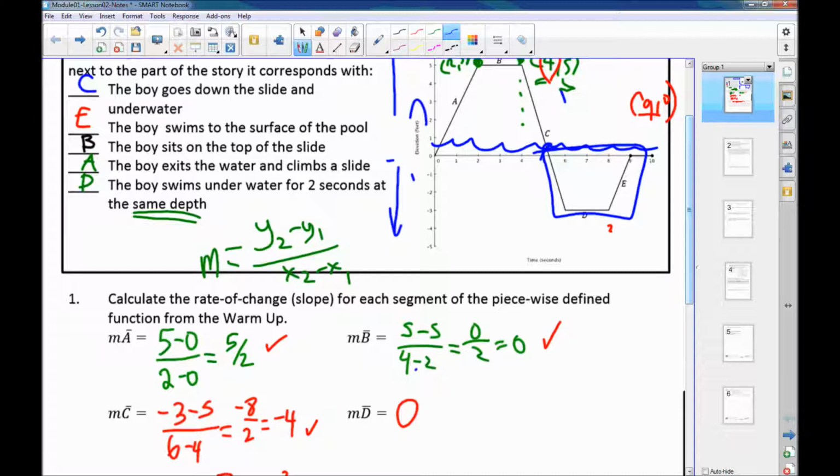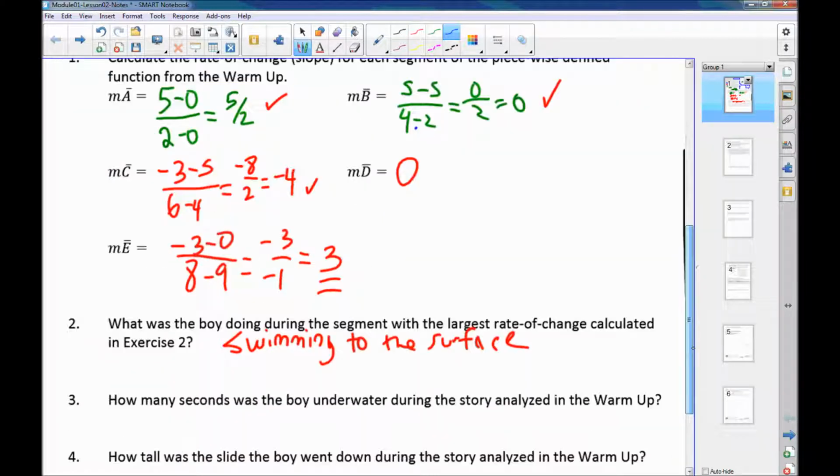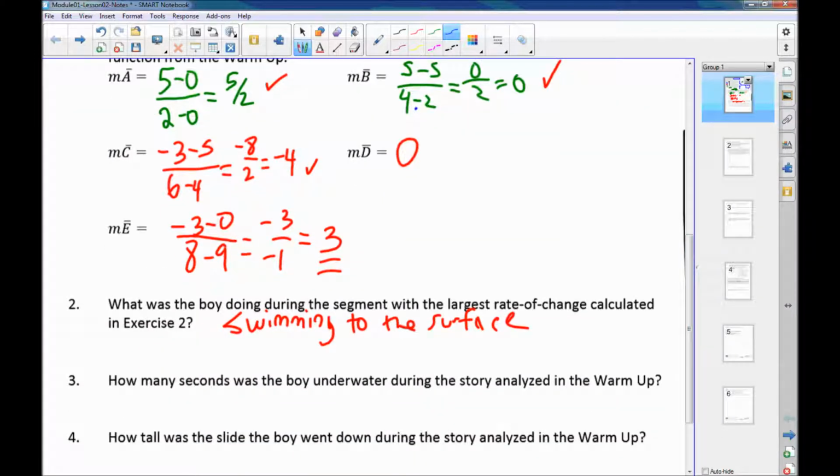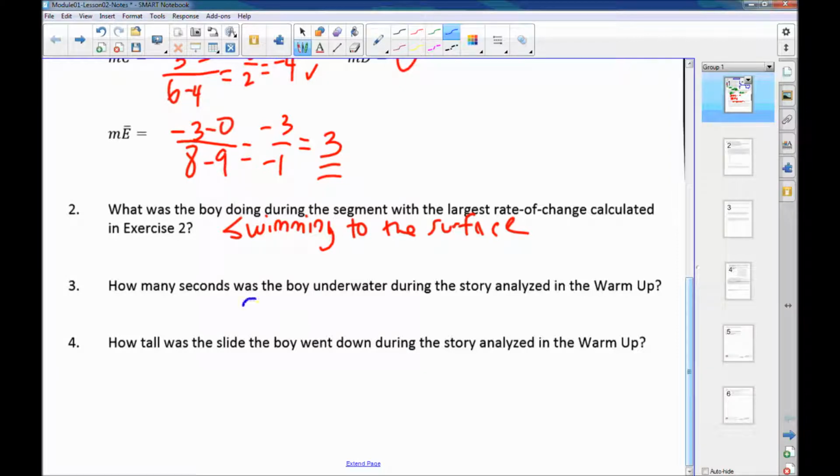So it's going to be 9 minus 5.2 maybe, 5.3, wherever you estimate it to. So I'm going to go with 5.2, which will give me about 3.8 seconds.